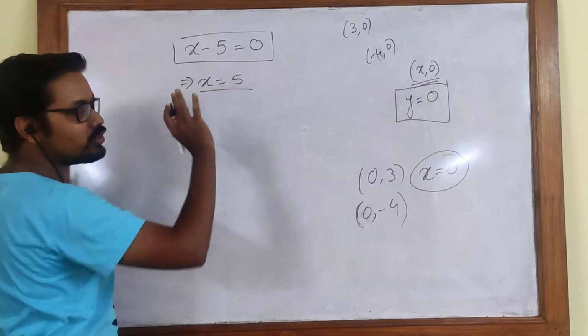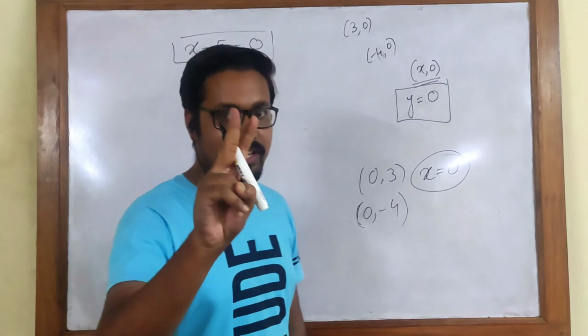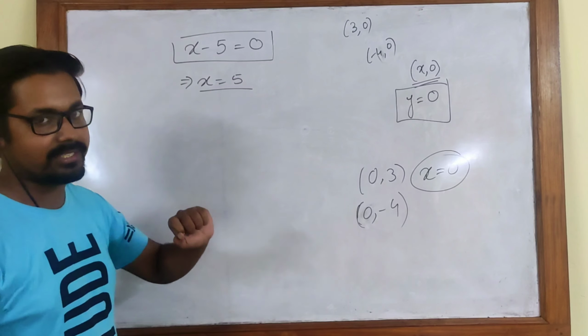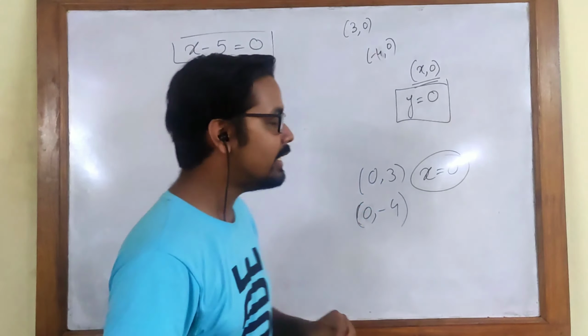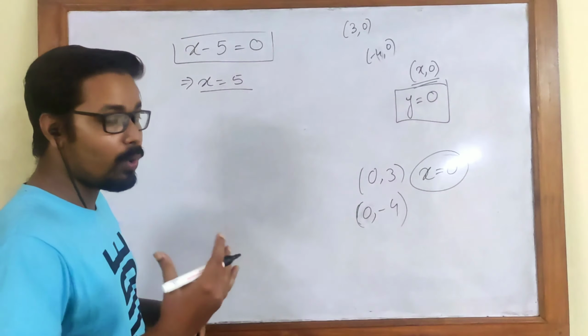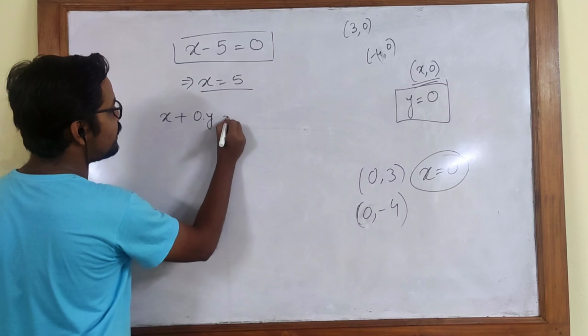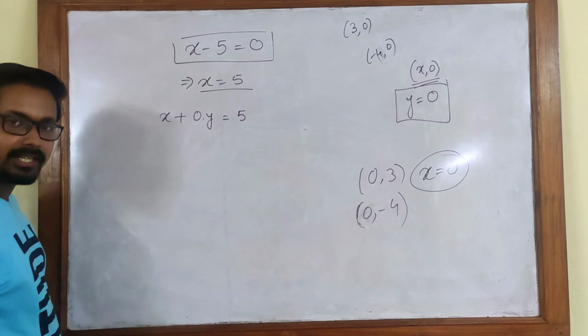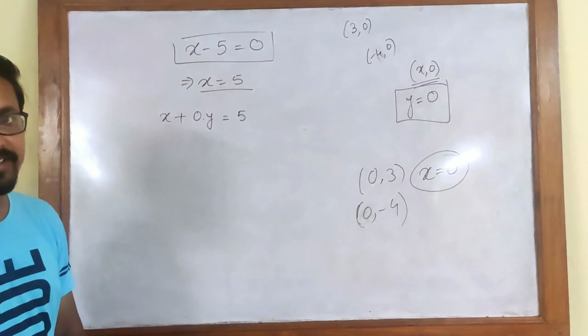So this is one unique solution, one solution of x. But here we have only one variable x. Now suppose I want to express this in the form of two variables. Then what can I write? If I want to include y, then I will get x + 0·y = 5. I hope that's clear.